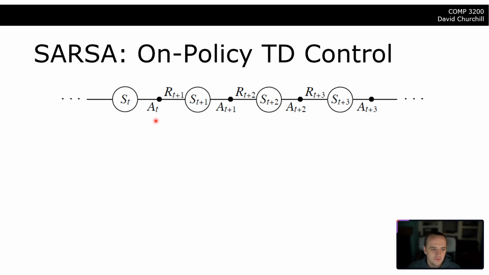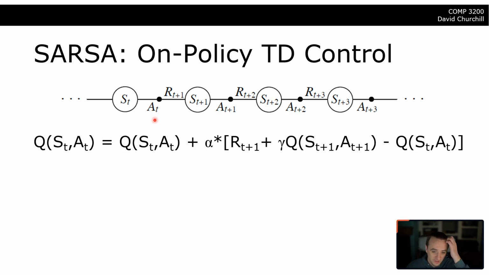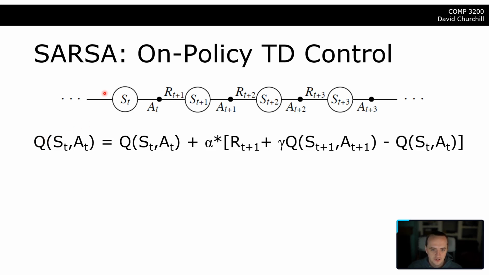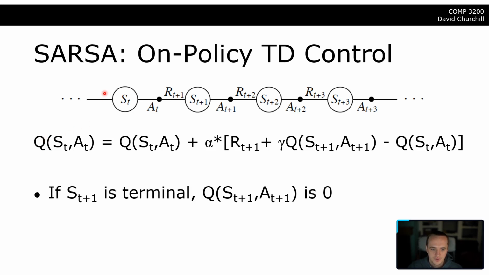Okay, and the reason, by the way, that it's called Sarsa is the following. Or do I have that in the slide? Okay, yeah. So that's the formula for Sarsa. If S_t+1 is terminal, then Q of S_t+1, A_t+1 is 0. Okay?